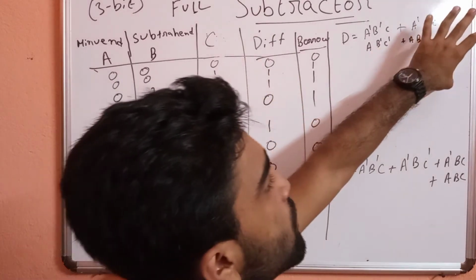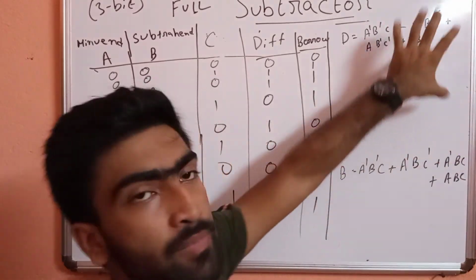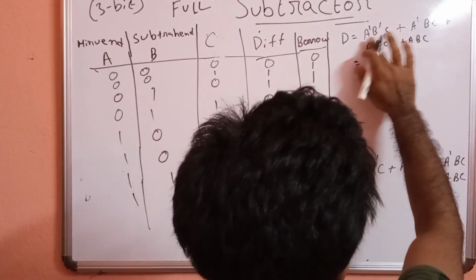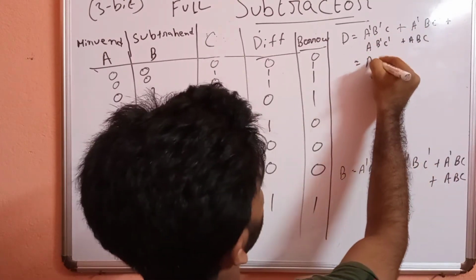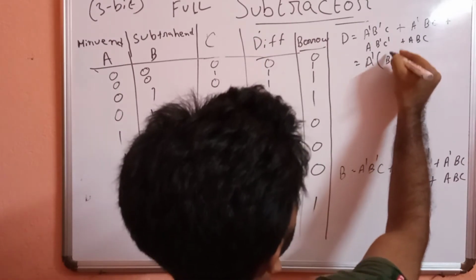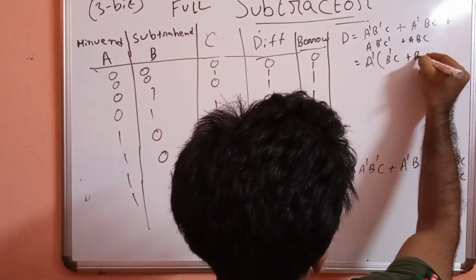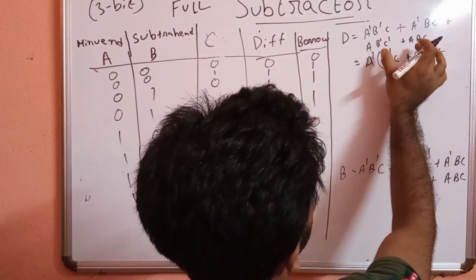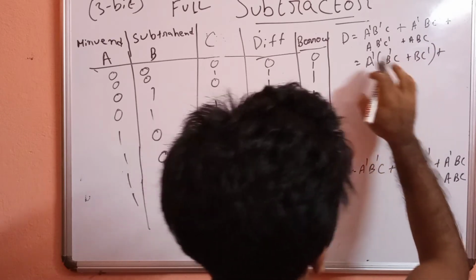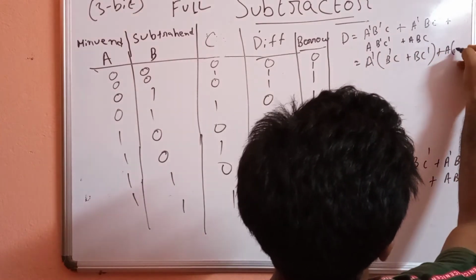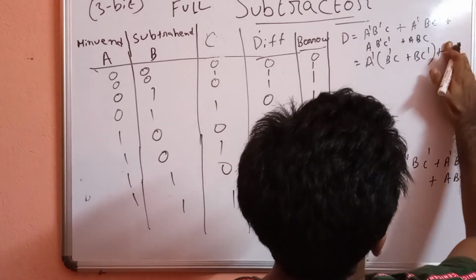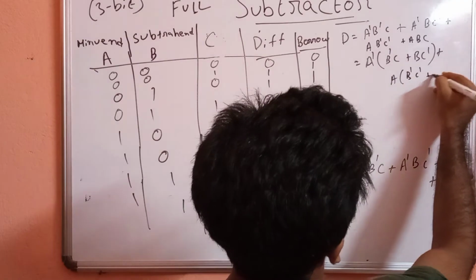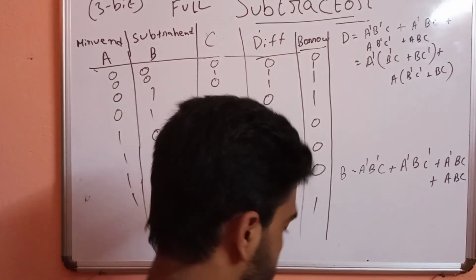Now we have to simplify this expression. Taking A complement common, the remaining is B complement C plus B C complement, plus from the last two parts we are taking A common, B complement C complement plus B C, right?